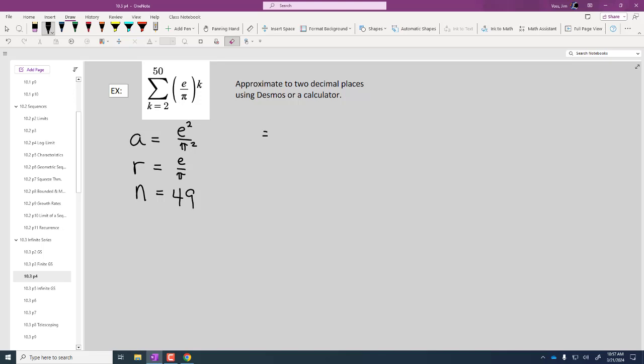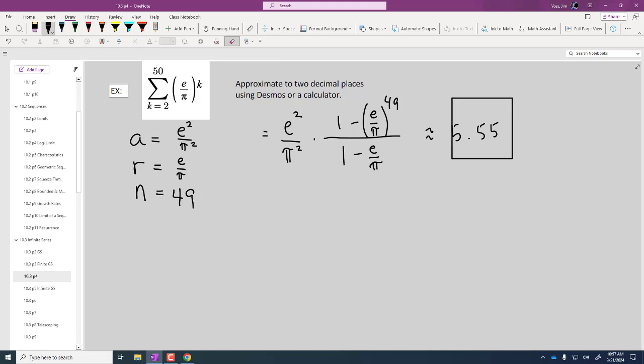Okay, so this is going to be A, which is e squared over pi squared, multiplied by the fraction 1 minus r raised to the n power, which is 49, over 1 minus r. Gross. 5.552. So if we go to 2 decimal places, 5.55.